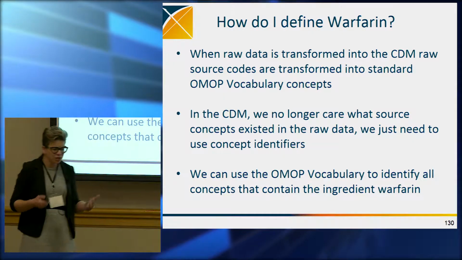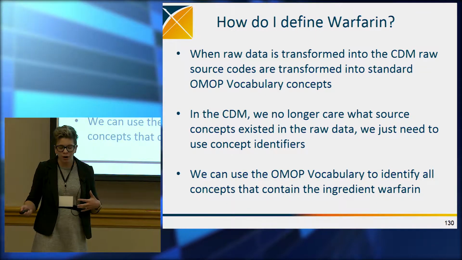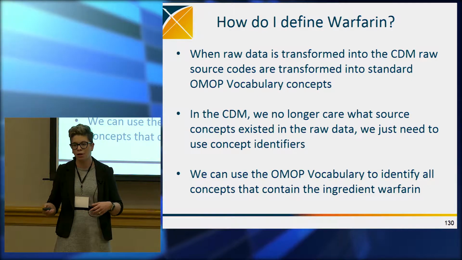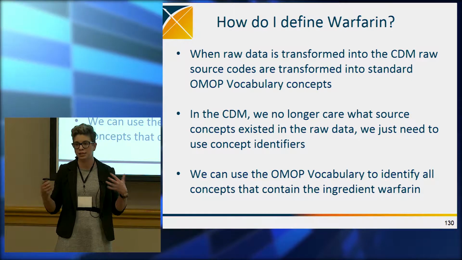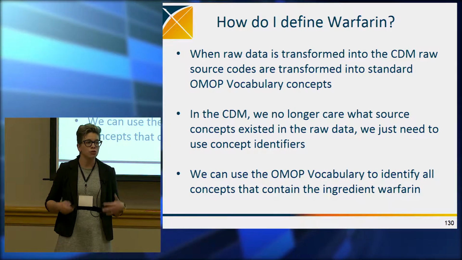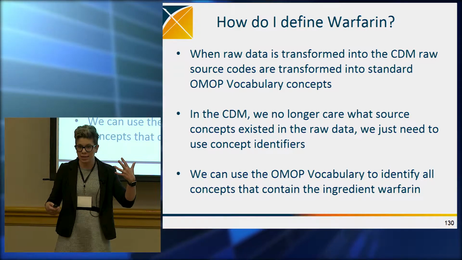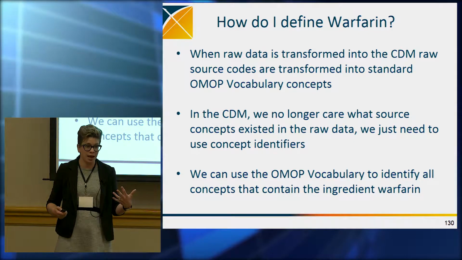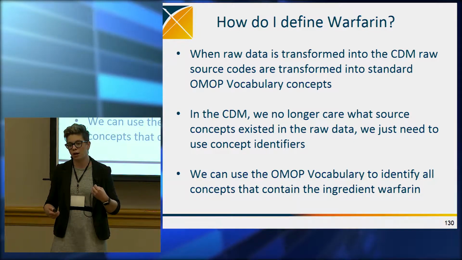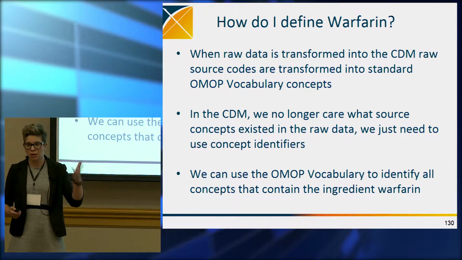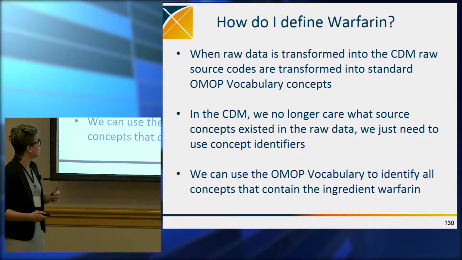We've talked a lot today about how, when we convert our data from the raw data to the common data model, the whole point is for us to stop thinking in source codes. If I'm in the United States, I might be used to thinking about warfarin and NDCs. We don't want to be thinking about that anymore. We want to be looking for the drugs using their concepts. And so this example is hopefully going to help solidify how we're going to get that.